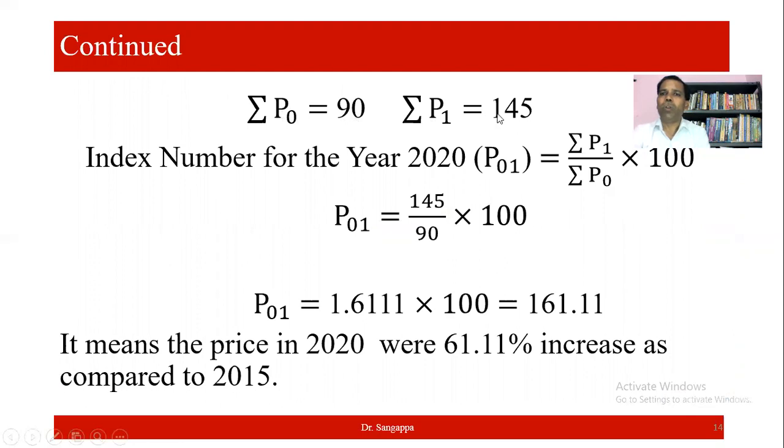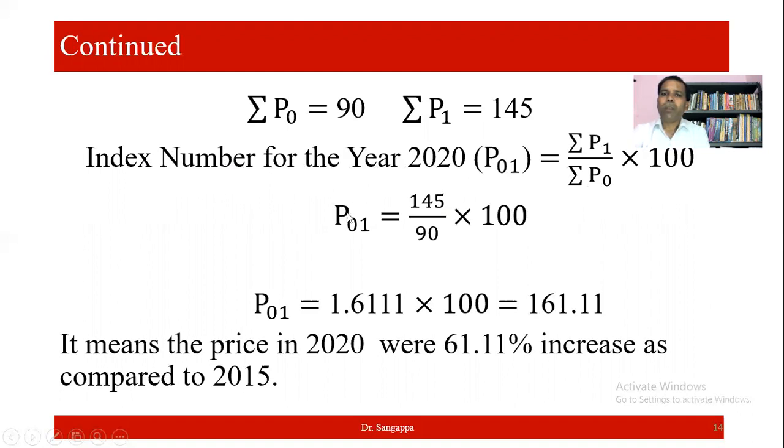Next step. Here we have found that sigma P naught equals 90 and sigma P1 equals 145. The formula of the index number by the simple aggregative method is P01 equal to sigma P1 upon sigma P0 into 100.